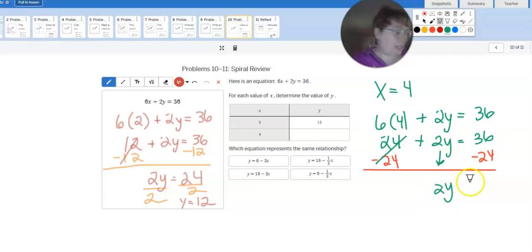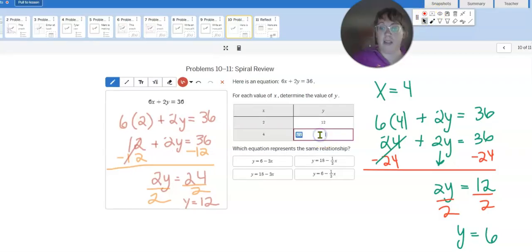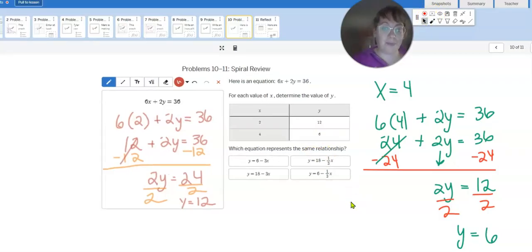Bring down that 2y equals 12. And then divide both sides by 2. And we get y equals 12 divided by 2, which is 6. So when x is 4, y is 6.